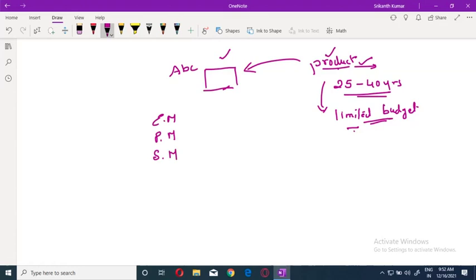There is a problem with electronic media, because India is diverse in language, religions and all those things. If I go with national media, it will be mostly seen in the northern part of India only.